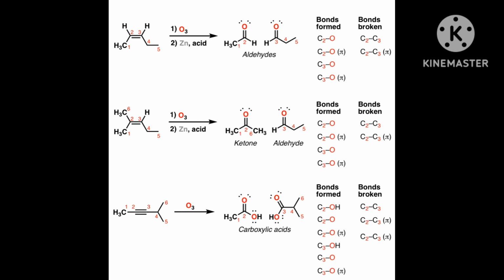In both these reactions, KMnO4 and potassium dichromate can both be used. This acetic acid is also called ethanoic acid, because there are 2 carbons, ethane. That's why it is ethanoic acid according to the IUPAC name.